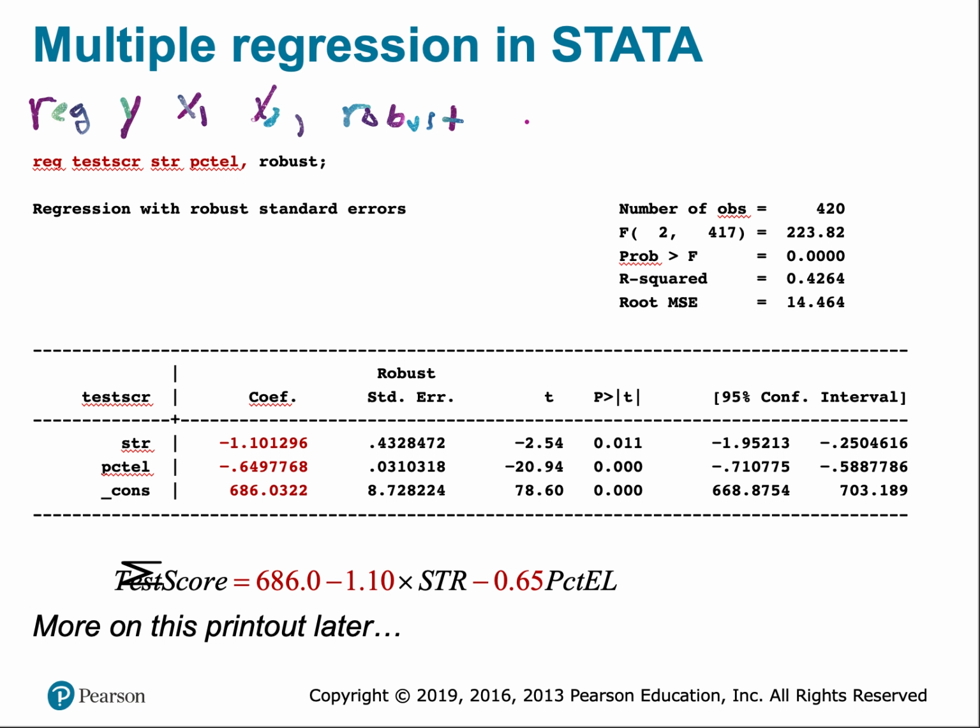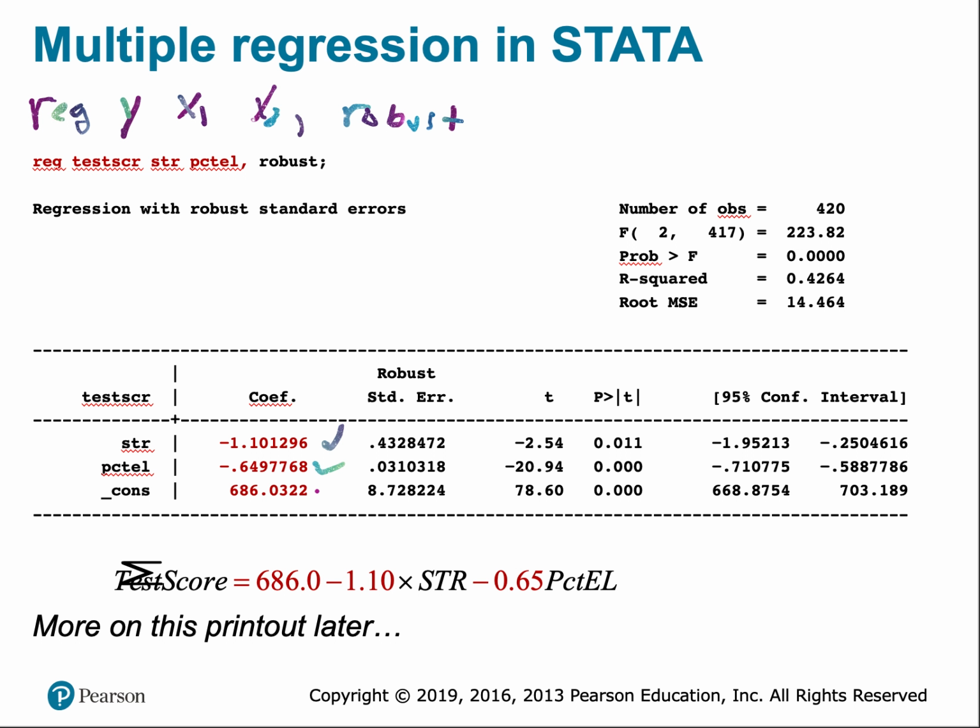We run the regression and we find the following coefficients. The coefficient on the student-to-teacher ratio is negative 1.1, as we saw in the last slide. The coefficient on the percent of English learners is about negative 0.65.